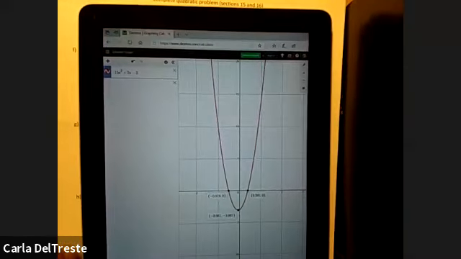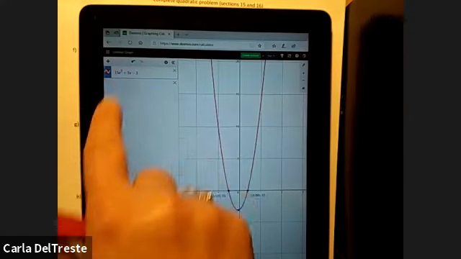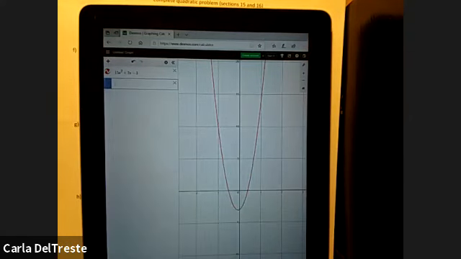If you're using Desmos, you're going to type in the x value that you want. So you're going to type in x equals negative 1. And the good thing, I guess, about Desmos is that it can draw vertical lines.